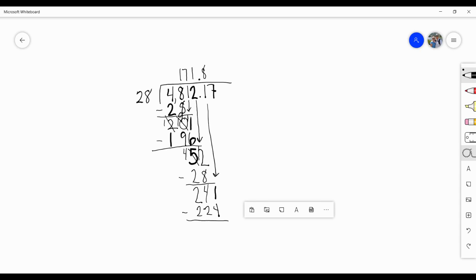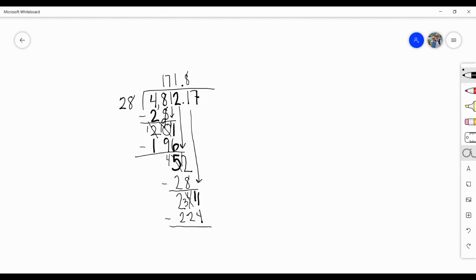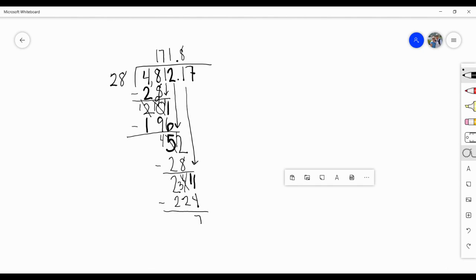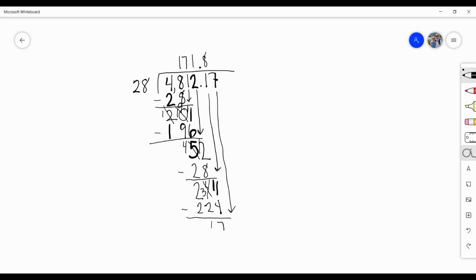I can take 2 away from 4, so I am going to borrow from the 4. 4 will become 3. Now I give 10 to the 1, and I now have 11 minus 4. 11 minus 4 equals 7. 3 minus 2 equals 1. I am not done yet. Now I have to bring down. I bring down my 7.